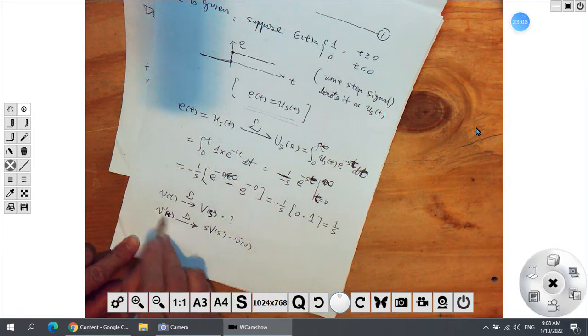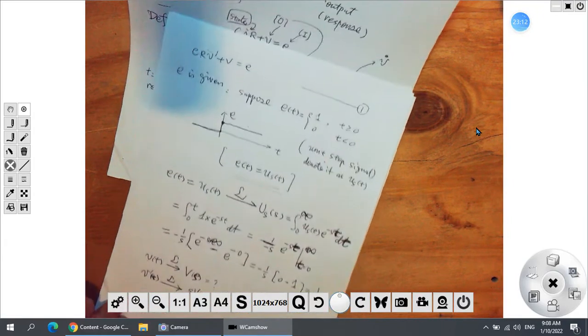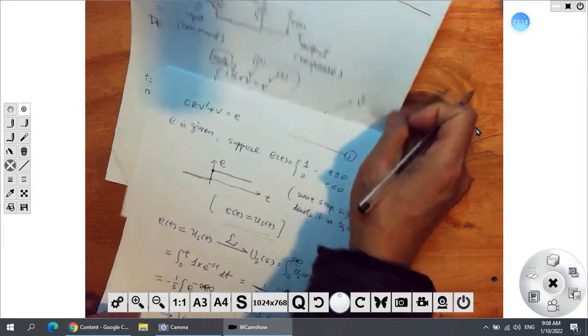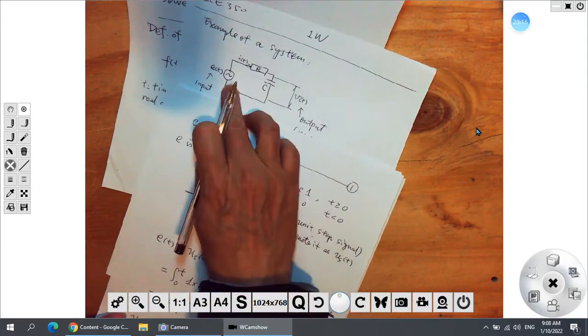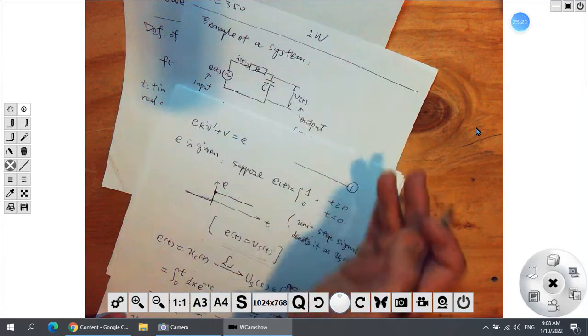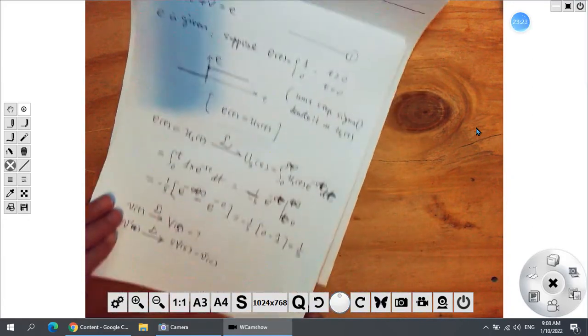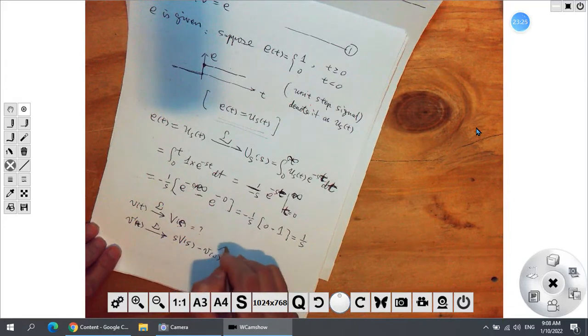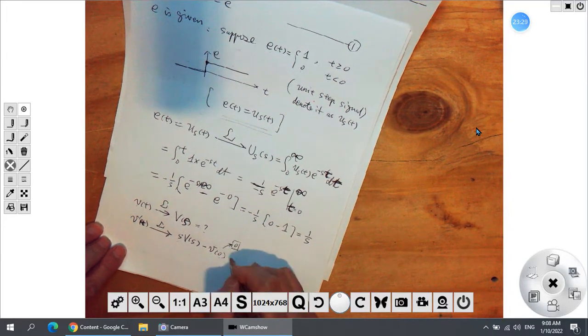This one by Laplace transform will have this. And here, to simplify, we just suppose the system looks like this. Before you give the battery here, you can think there is no voltage. Voltage is 0, so the voltage at time 0 is just 0. So this is just s times V of s.